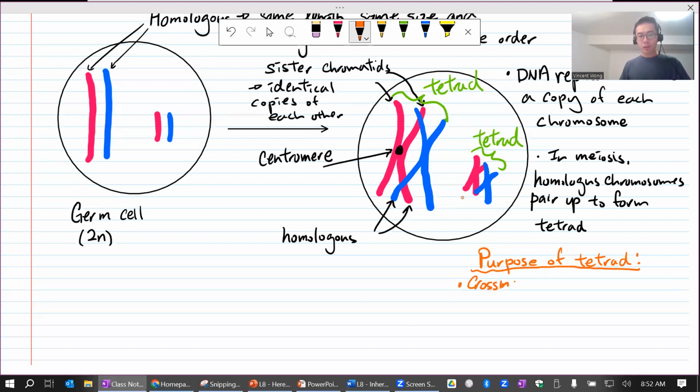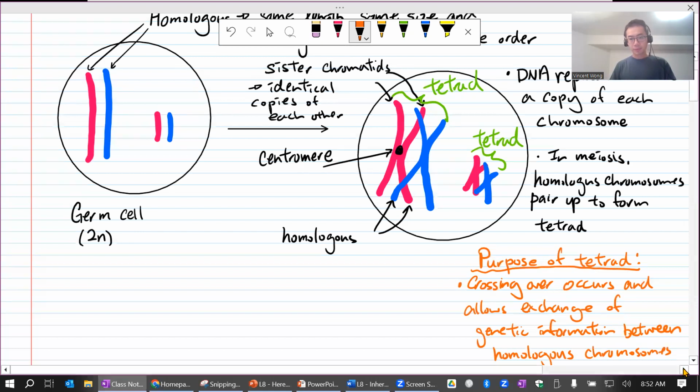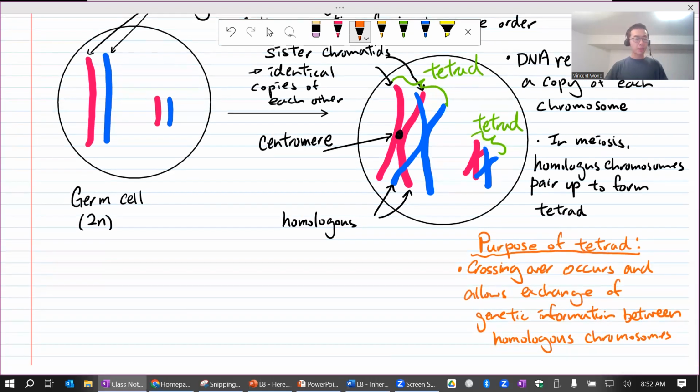Crossing over occurs and allows exchange of genetic information between homologous chromosomes. I just copied that down first. I'll explain what it means.